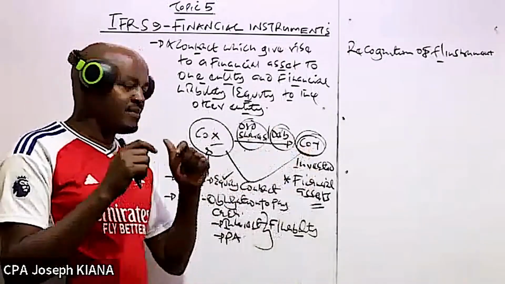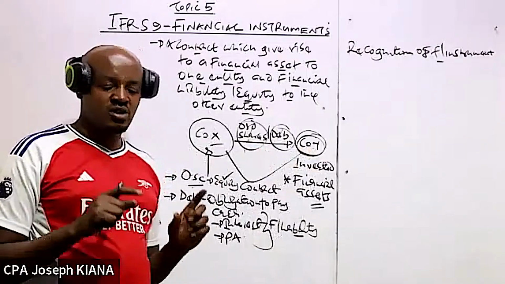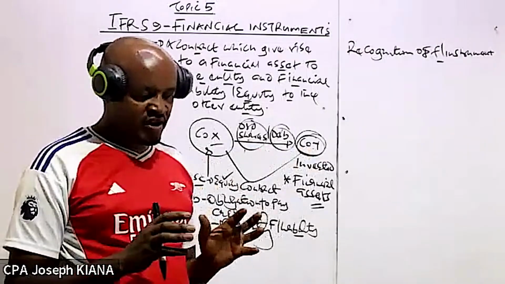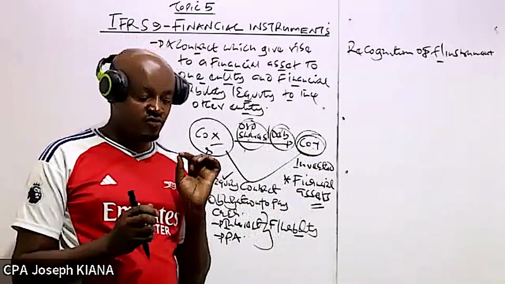And once this company buys the shares, or invests in shares or debentures, it has entered into that contract. You should go ahead, according to IFRS 9, and recognize those particular shares or debentures in its books of account.